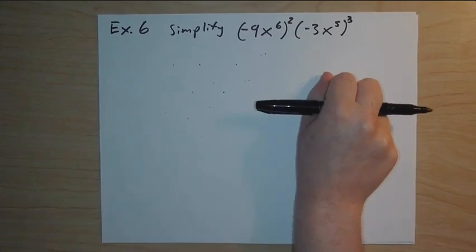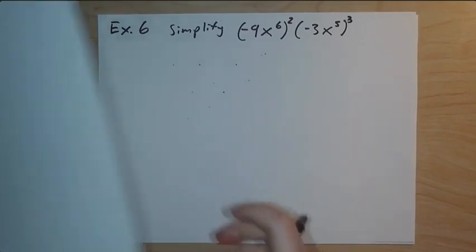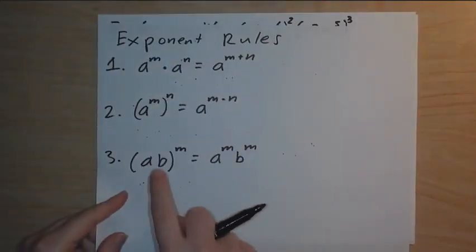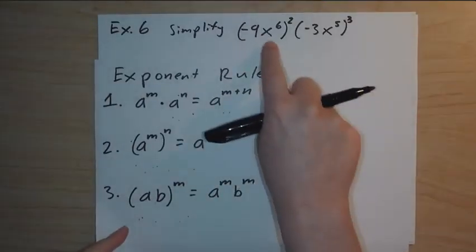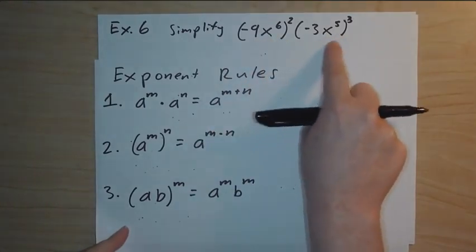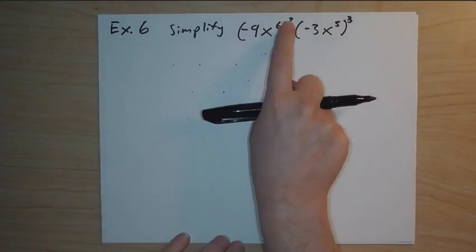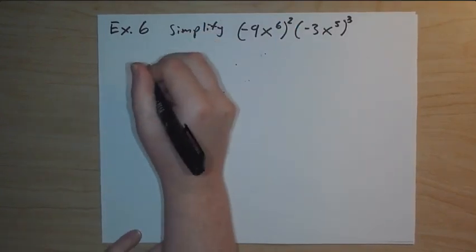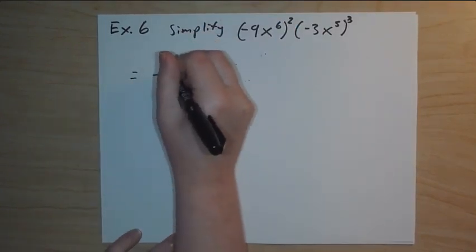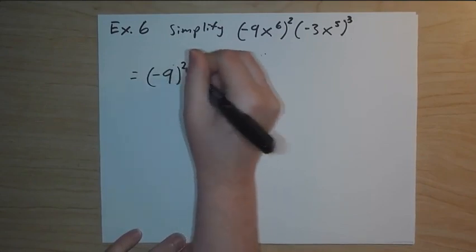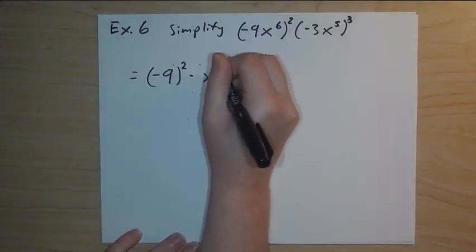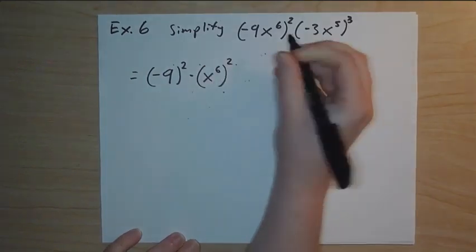So the first rule we're going to use is this rule right here, for both this expression and this expression. So we're going to put our 2 to negative 9. So this is the same thing as negative 9 squared times x to the 6th, and this is squared.